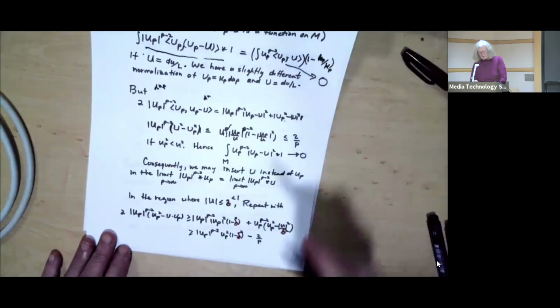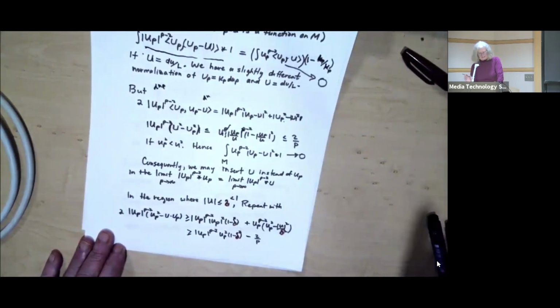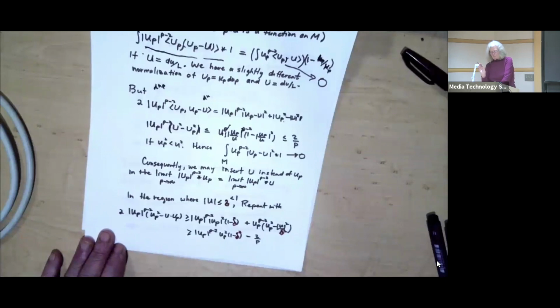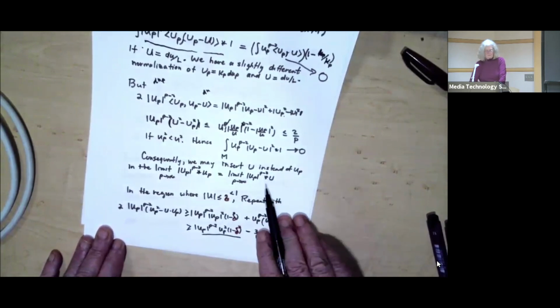And then, of course, if you now have a region where u is less than or equal to delta, which is strictly less than 1, this is the place where the Lipschitz constant is strictly less than our constant, and you just repeat the whole thing. And this time you have a little bit of play that's extra, and you get an extra positive term plus something that vanishes. And so you get the fact that the measure vanishes on this set.